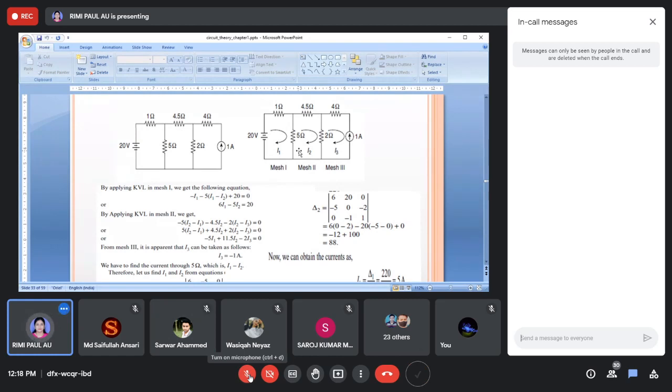Anyone? Zone 3, please respond. Anyone from Jharkhand or Bihar?